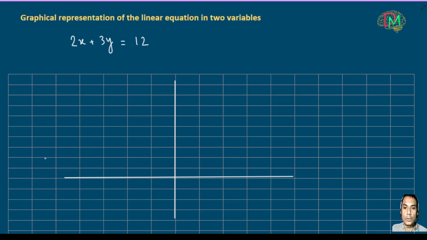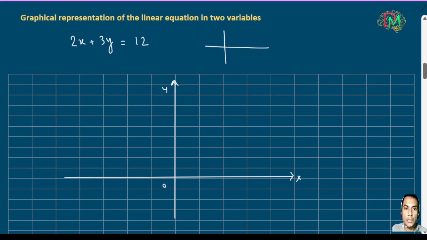This is the x-axis, this is the origin, and this is the y-axis. Then we take different coordinate points. First we simplify this.